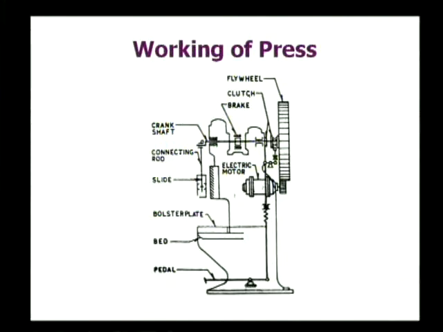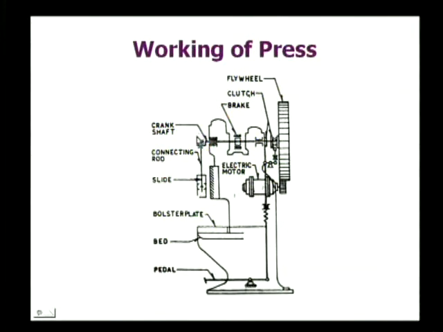You can see the slide, and here you can observe this is the motor from which mechanical energy is transferred to the flywheel. This flywheel basically acts as an energy reservoir. The motor rotates the flywheel. As it rotates at a specific speed, it possesses a large amount of energy, and this energy is utilized for the press work operation.